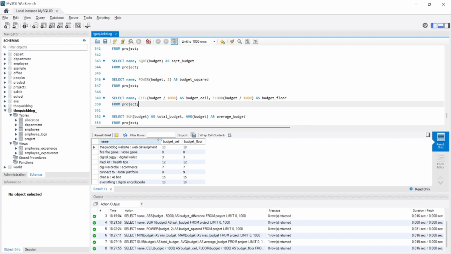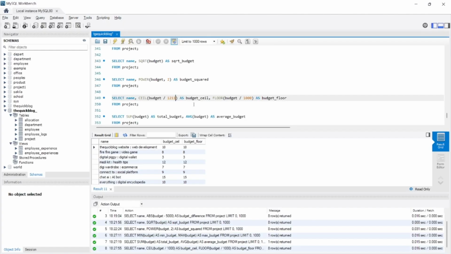But let us change the value, let us keep it at 1.1. This is an irregular number, so our expected answer should also come as a point value.